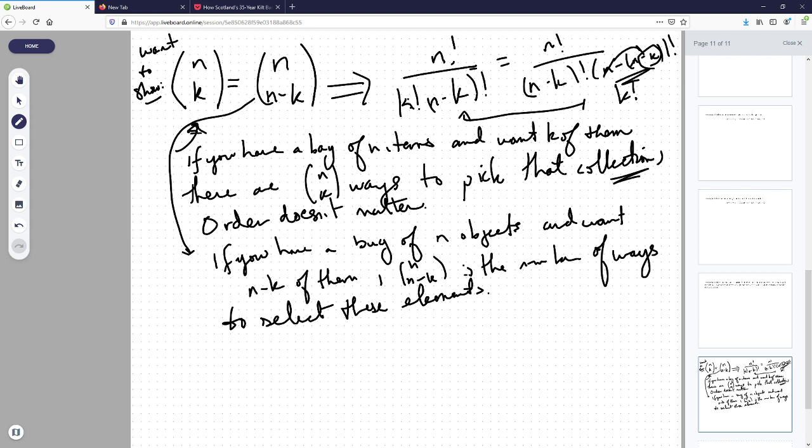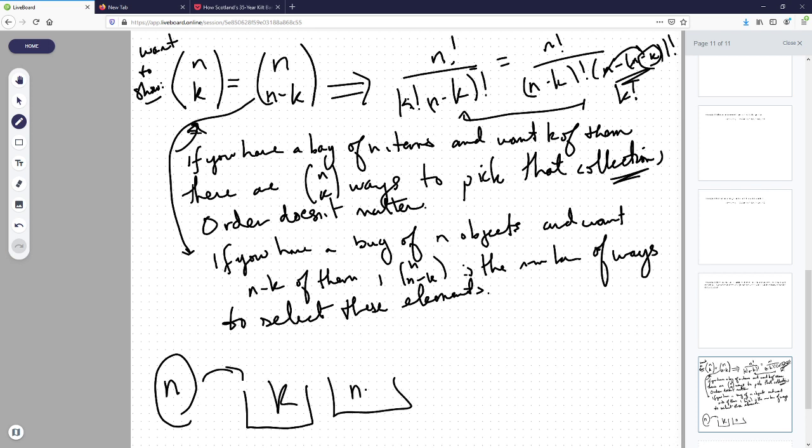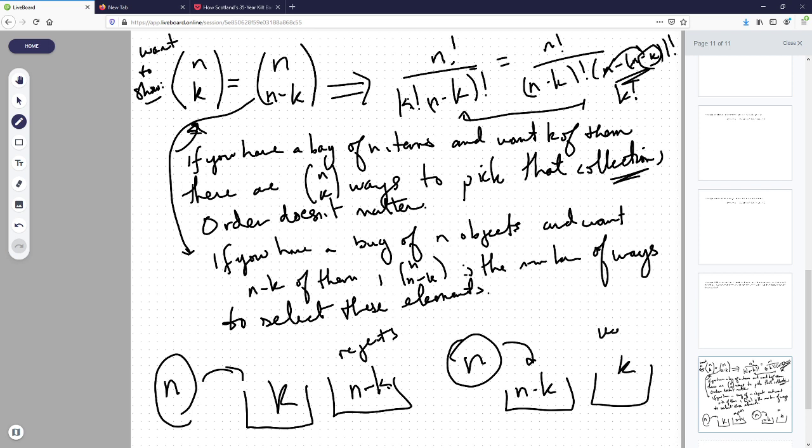So as it turns out, what you're really doing here is taking n objects in a bag, and you're either putting them into a group of k objects or a group of n minus k objects, which are the rejects. But that's really the same thing as taking a bag of n objects and putting n minus k rejects into the first bag and then selecting the k things that you want.